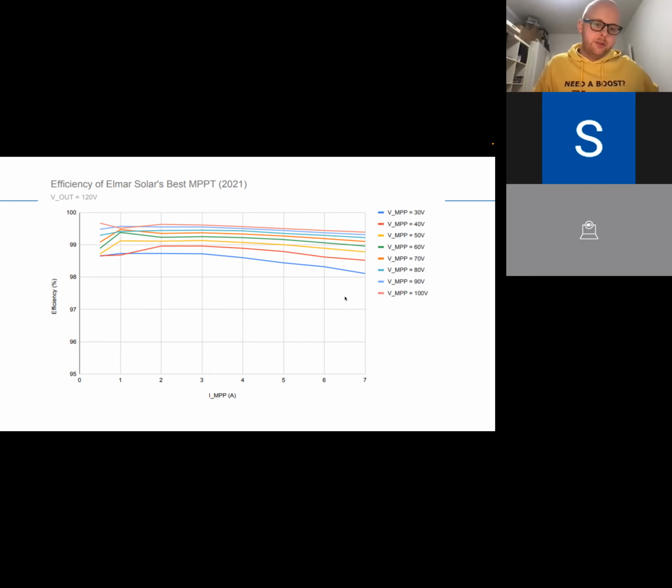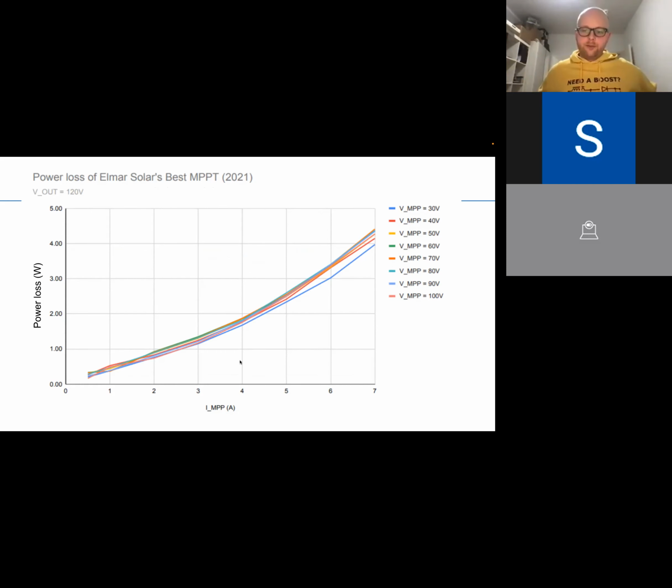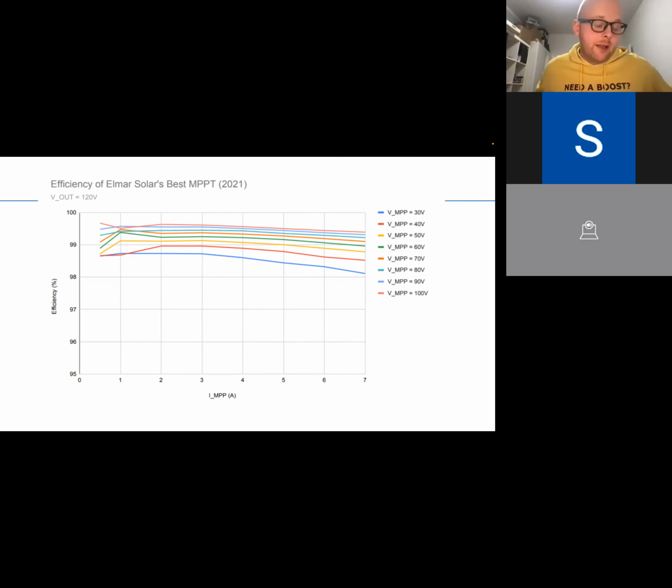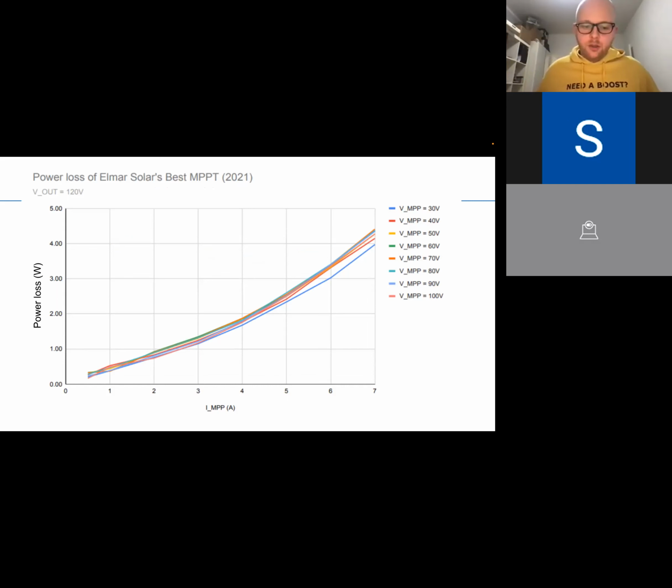This is another graph where, rather than efficiency, I'm plotting the power loss for different input voltages. And as you can see, the power loss is pretty much independent of how many solar cells you connect to the input.